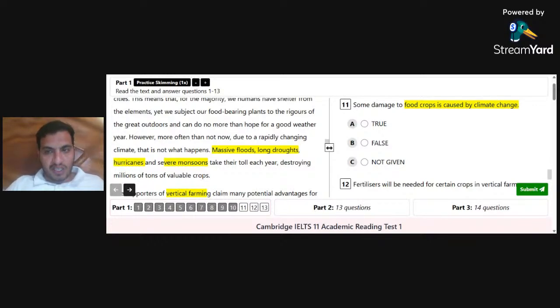So the climate change is actually floods, long droughts, which take a toll each year, destroying millions of tons of valuable crops. So there are actually a lot of crops.